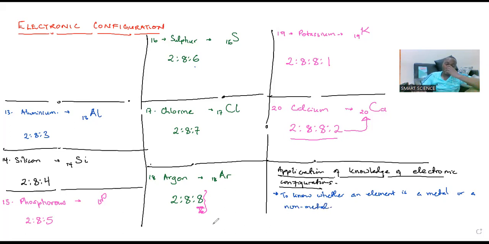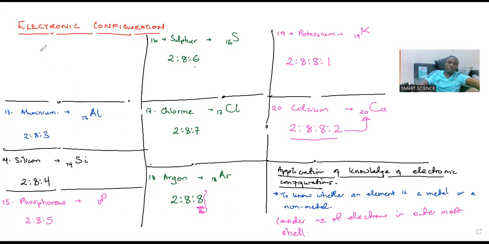In simple terms, what we are considering here is the number of electrons in the outermost shell.